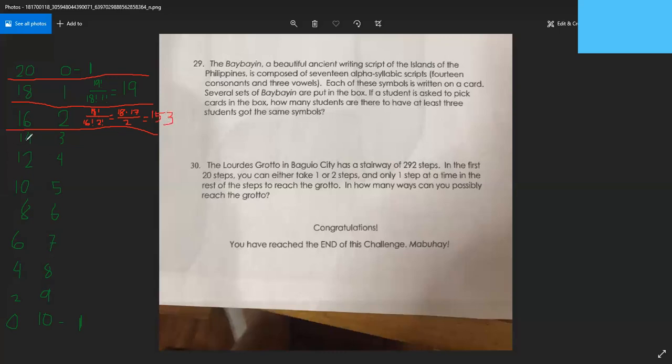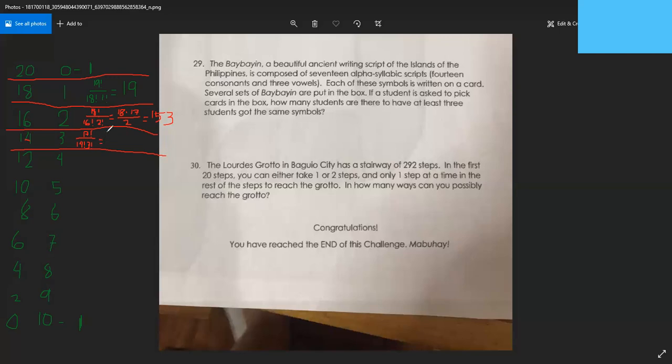Next, for this one, this is 14. Same process. In this case, this will be 14 plus 3, that is 17 factorial over 14 factorial times 3 factorial. Again, we can cancel some numbers there.